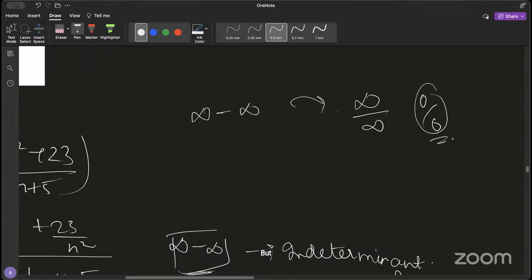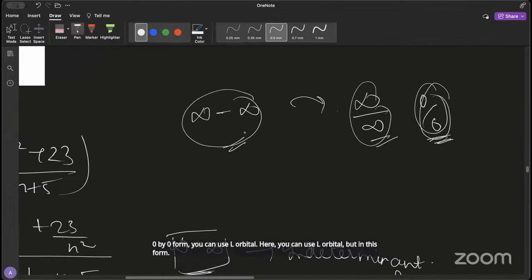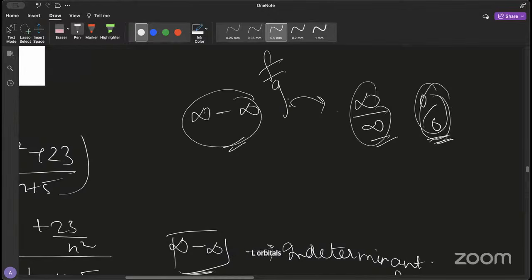But it's still a better form, because we can use L'Hopital's rule here, right? 0 by 0 form, you can use L'Hopital. But in the infinity minus infinity form, you can't actually use L'Hopital's rule, right? L'Hopital's rule is for f by g, where this is 0 by 0 form or infinity by infinity form.